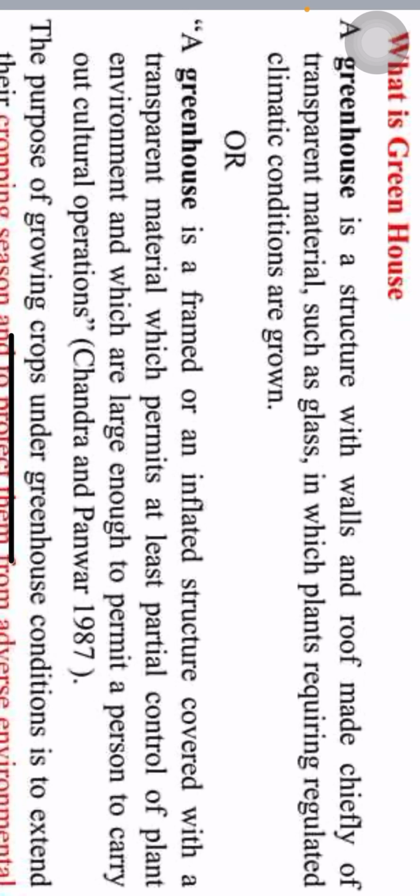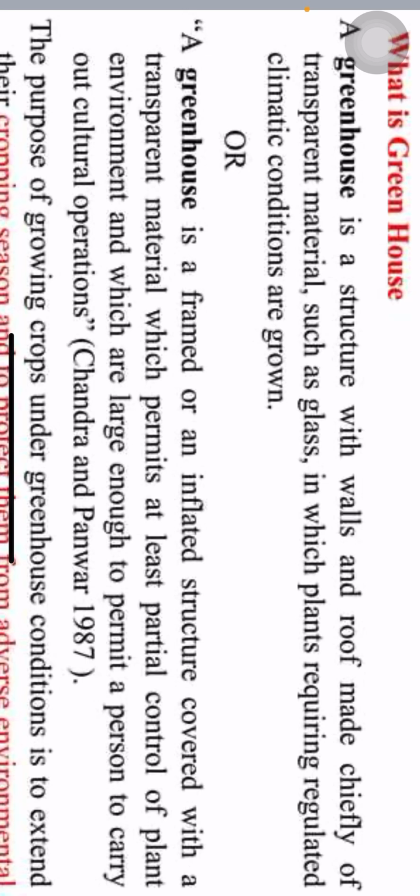And for artificial, we provide heaters or LED lights to emit heat inside the closed material, that is, a closed room. That room is particularly known as a greenhouse.